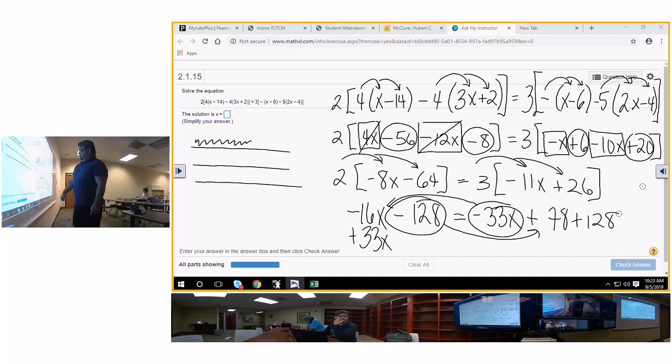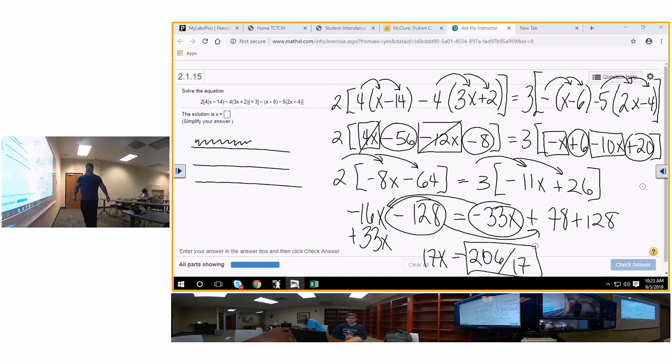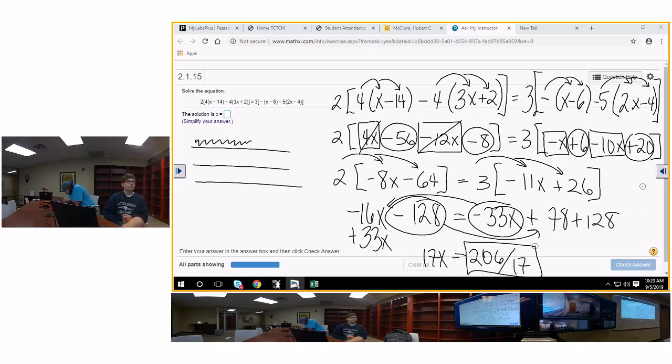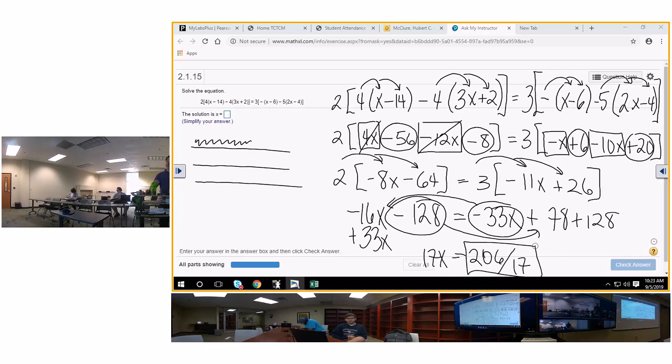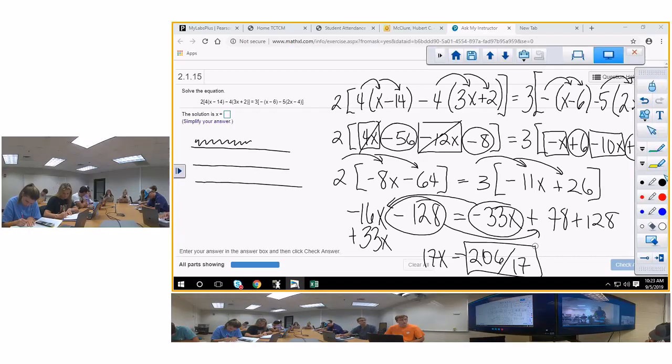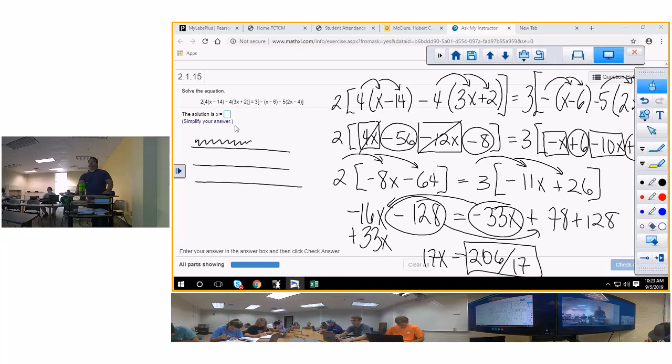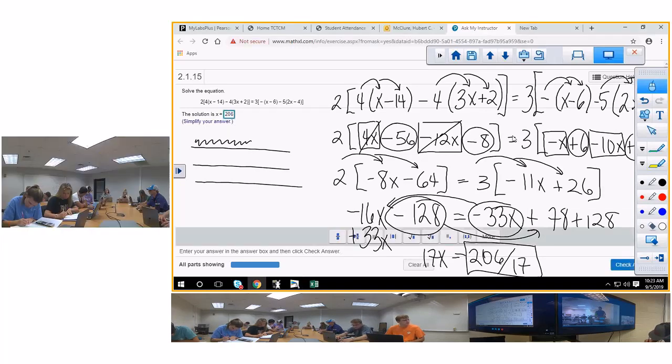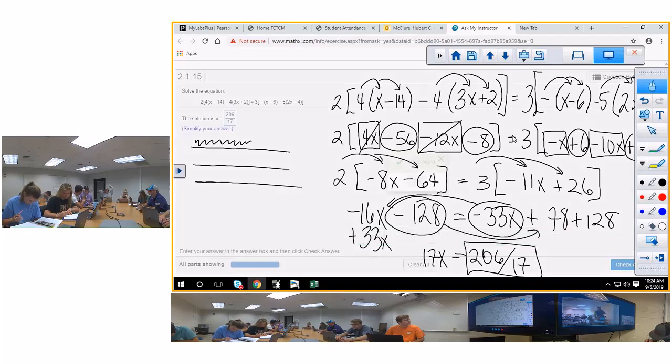No. Oh, 17. 17x is equal to 206. And somebody divide that for me, because I'm just going to do, well, unless it's even. It's 17, 206 over 17. That's all right. Just put 206 over 17. So let's see what the answer is. 206 over 17. 12. That's it.